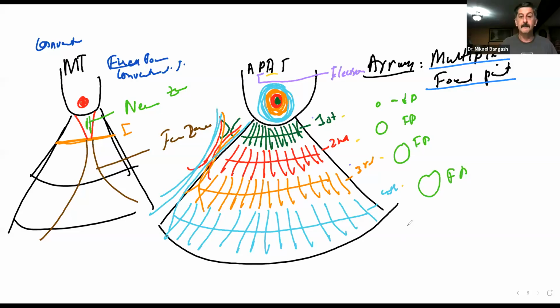Now, ladies, comes the question. What if one of the PCTs is damaged? Let's just damage one of the PCTs here, and say this PCT here is damaged.